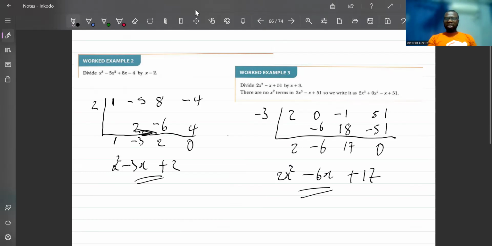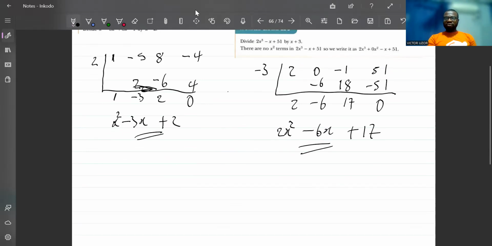But whichever one you know how to do better, you do that. Though there's one that is a little bit tricky, when you are dividing, let us say, 3x raised to power 3 minus 2x squared plus x plus 5 by 2x plus 3.